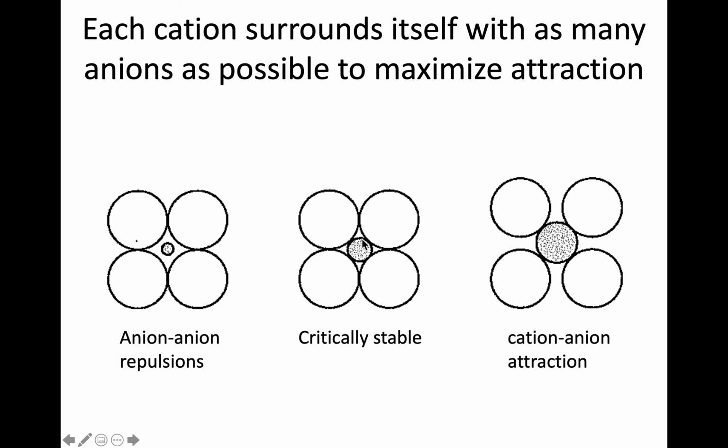Here, this is the case where the cation has grown in size. We now have a cation at the right size where it's just touching. So this is the lowest stability, or the critical value, because before the cation wasn't touching. Here we have maximized the touching of the cation and anion.